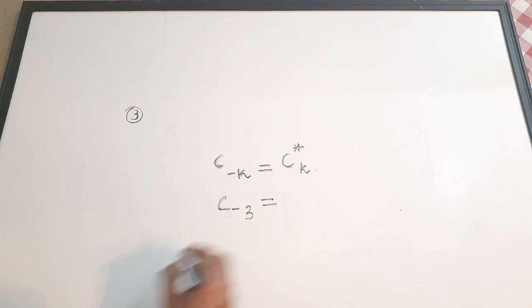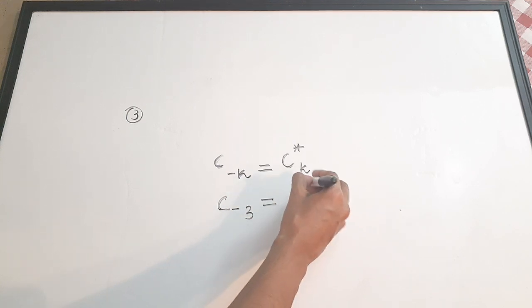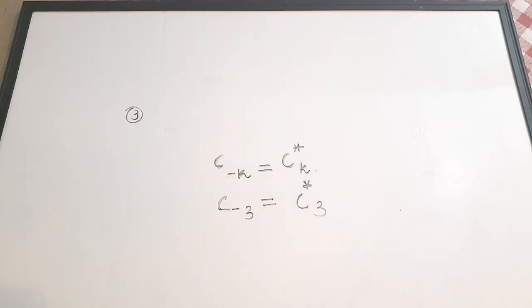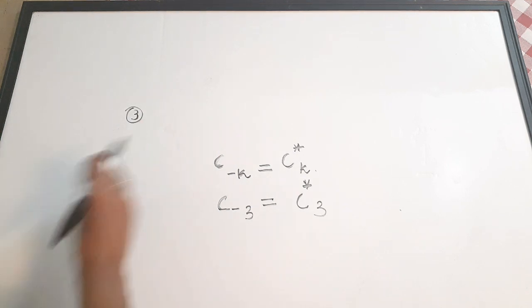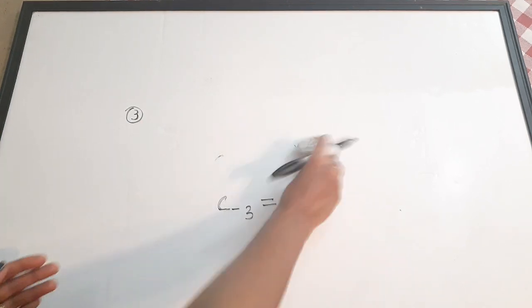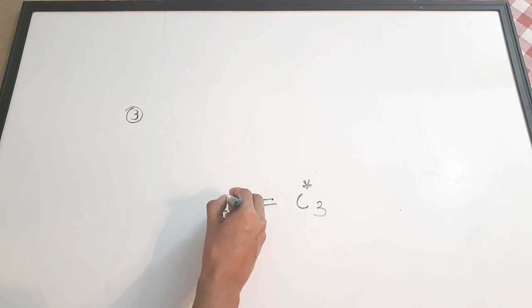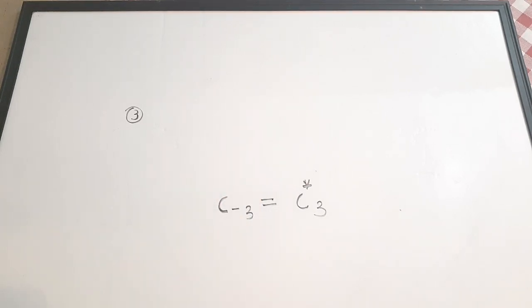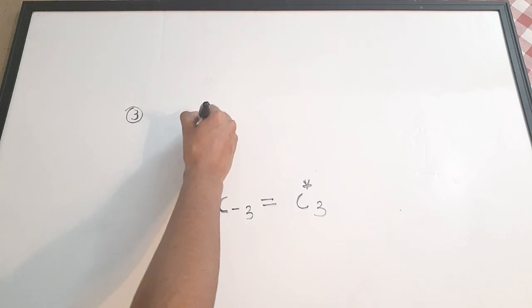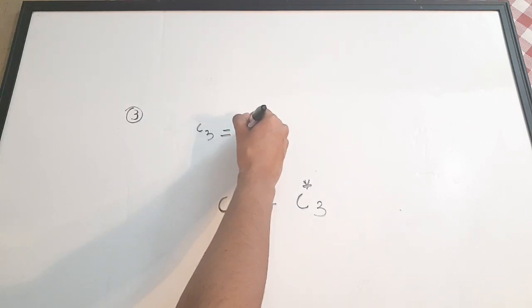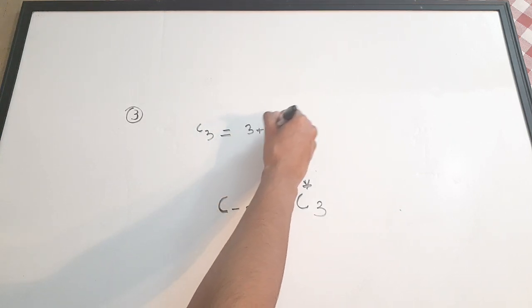What will be C of minus 3? It will be equal to C star of 3, right? Now just note this term, okay? Conjugate property. C of minus 3 is equal to C star of 3. Now we have C of 3 in our hand. C of 3 is equal to 3 plus 5j.